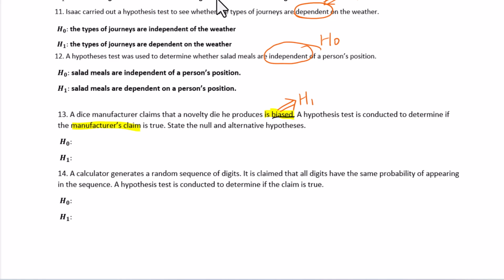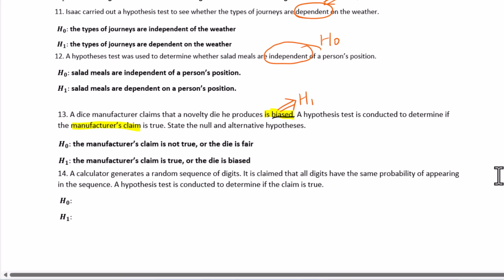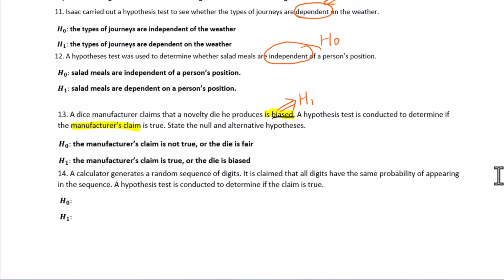So H1 will be the claim is true. H0 will be the claim is not true, which means the die is not biased. H0, the manufacturer's claim is not true, or the die is fair. H1, the manufacturer's claim is true, or the die is biased.